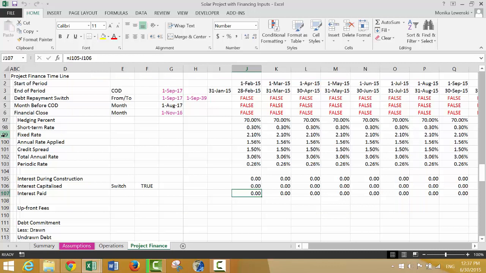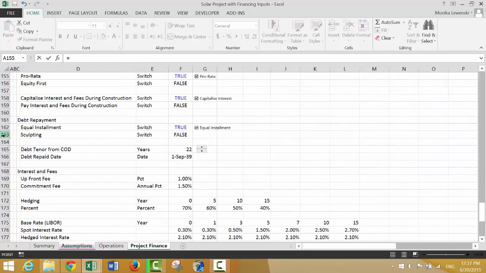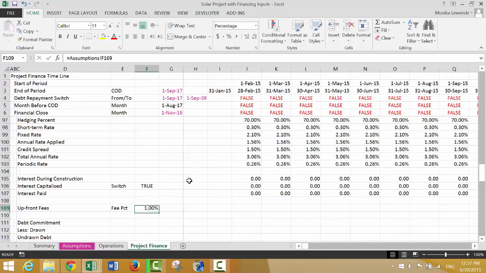I think that's not going to be so bad. Well, now the upfront fees, the percent, we put fee percent, and we'll just put the fee percent of, see, I'm flustered after the circular reference. Okay, and then we can put our total debt commitment. Here's the problem.